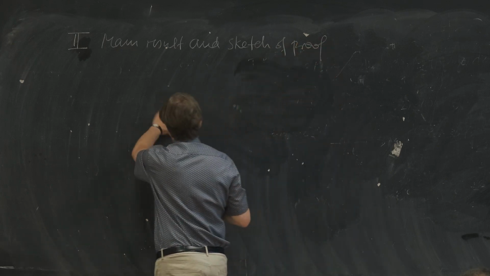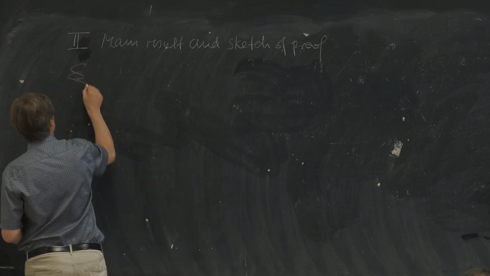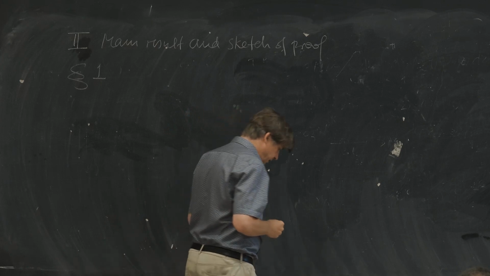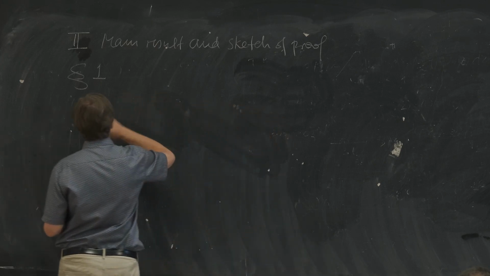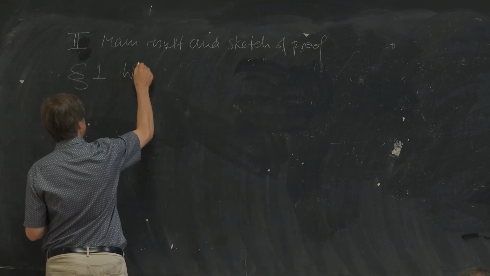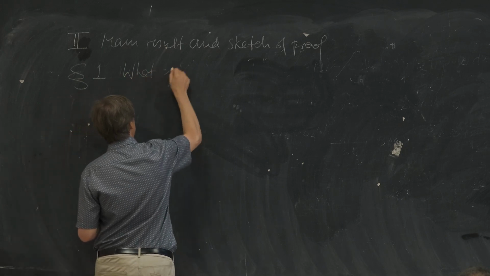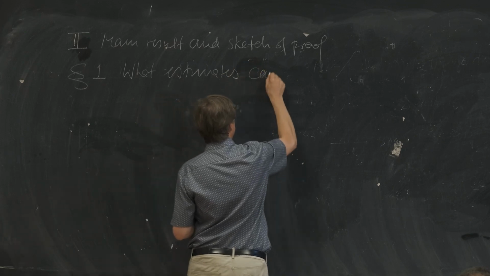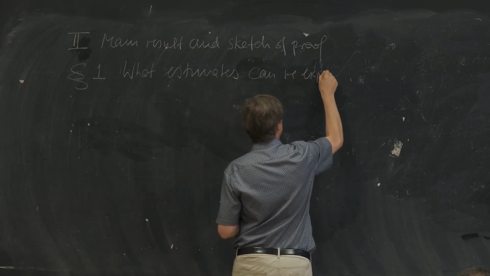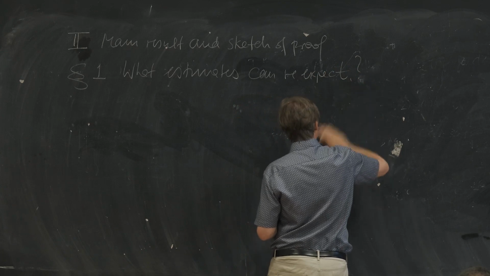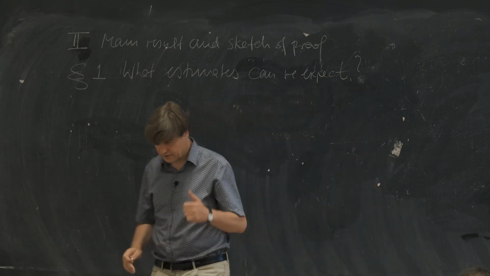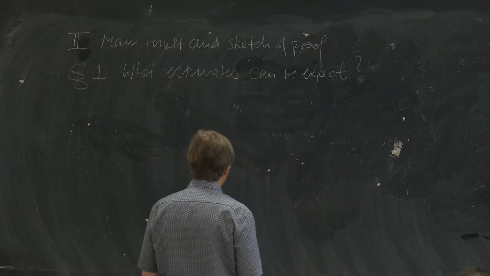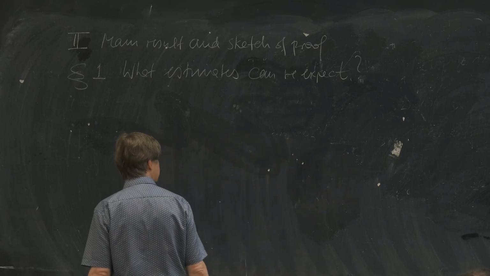And I skipped the first section in that second chapter, which was entitled "What Estimates Can We Expect?" And I want to go back to this, and then in half an hour or so, or 20 minutes, start speaking about the Malliavin derivative.